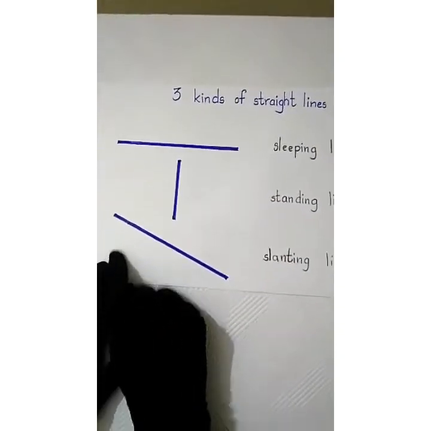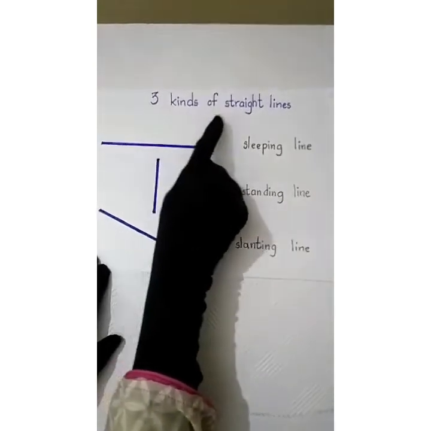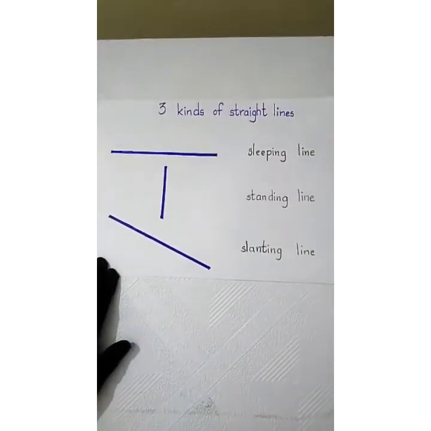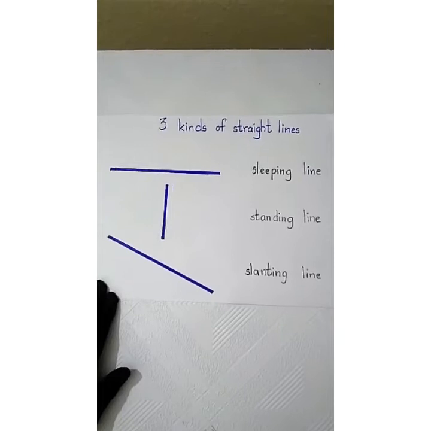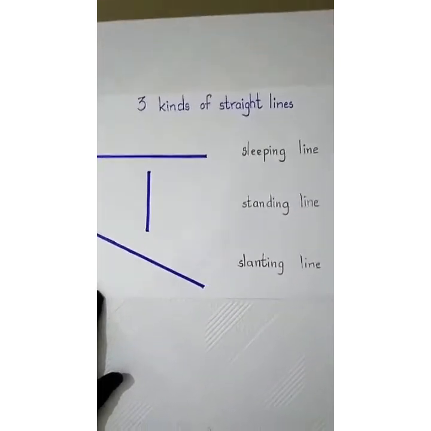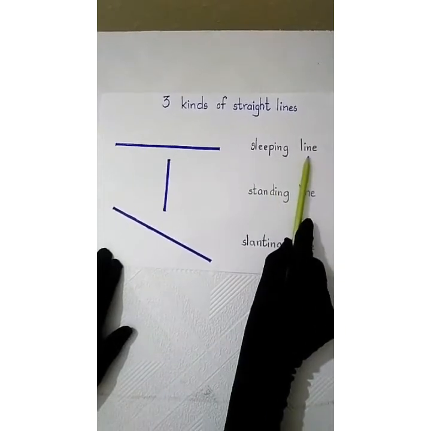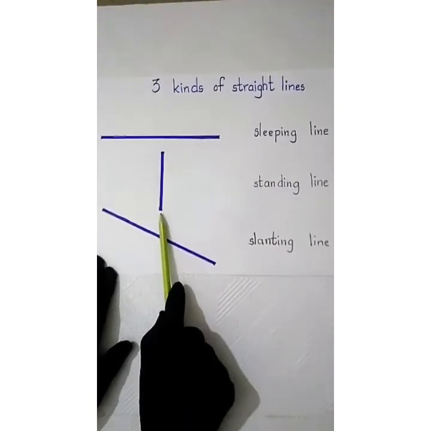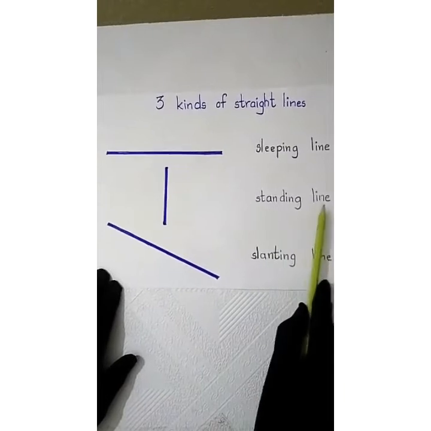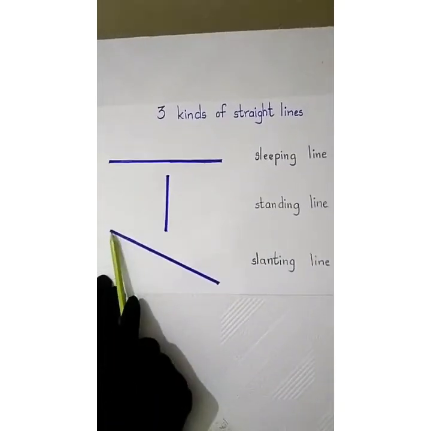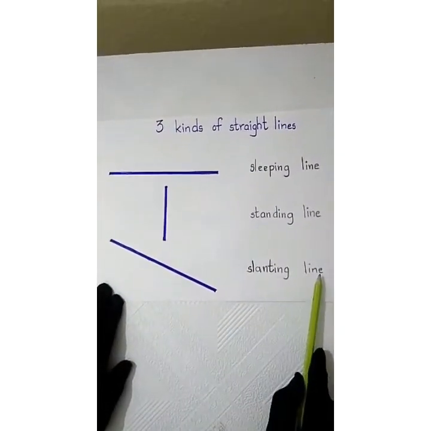Children, we have three kinds of straight lines. Number one, sweeping line. Number two, standing line. Number three, slanting line.